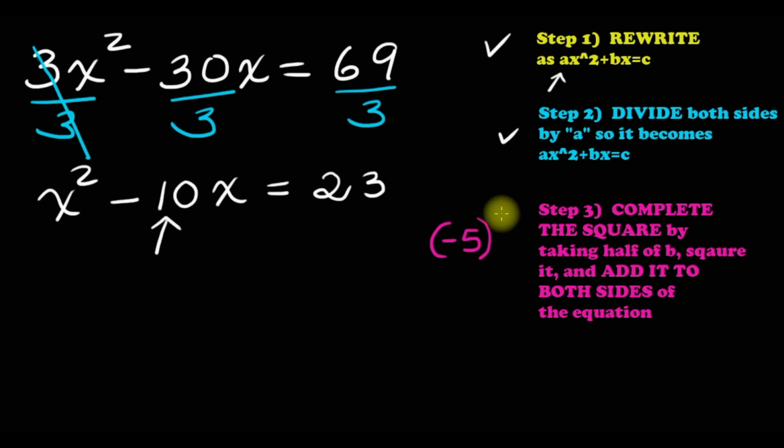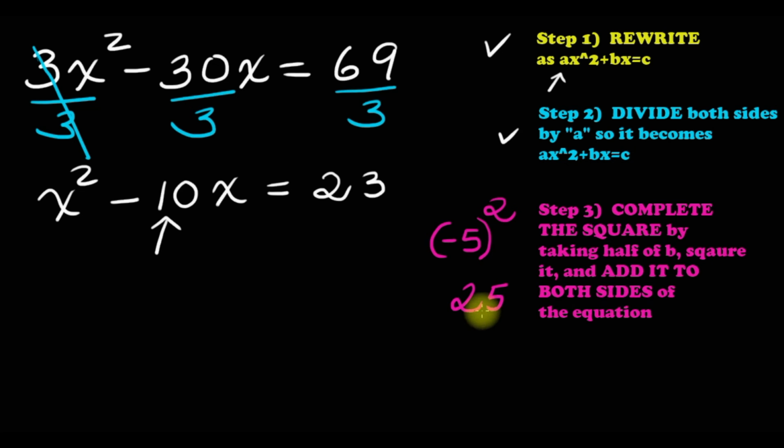And then we're going to square negative 5. Negative 5 squared is 25, because negative 5 times negative 5 gives you 25. So when you take half of b and square it, you get 25.